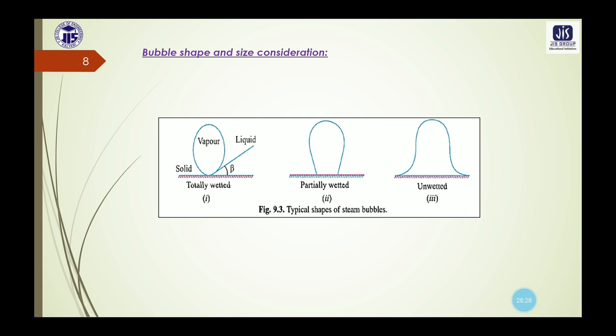Boiling and condensation heat transfer are much more complex compared to the natural convection process. They depend upon the latent heat effects, the surface tension and the surface characteristics. That is why boiling heat transfer is much more complex compared to the natural convection process.